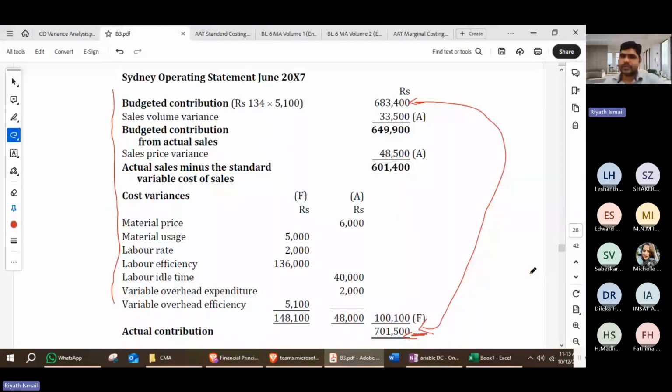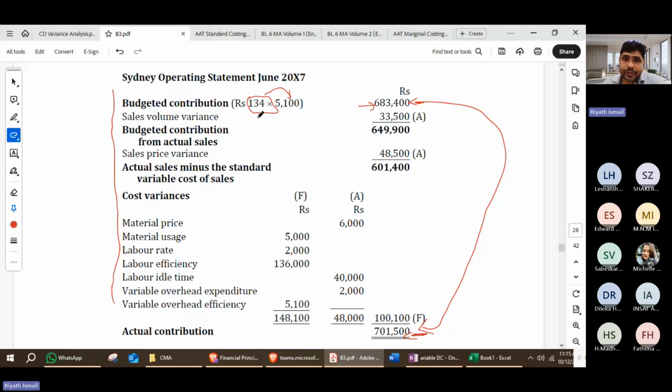Right. This statement shows the causes of the variations. So they start from the budget contribution. So 134 rupees contribution per unit. They planned 5,100 sales. So they receive this value.